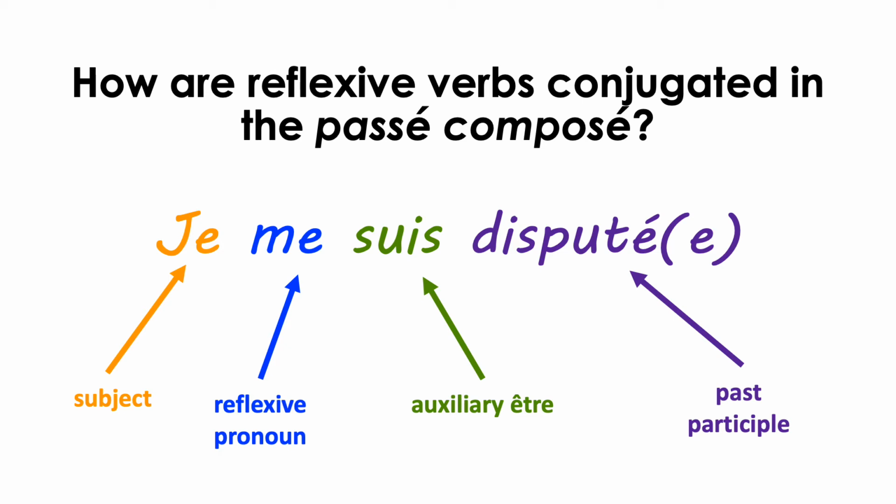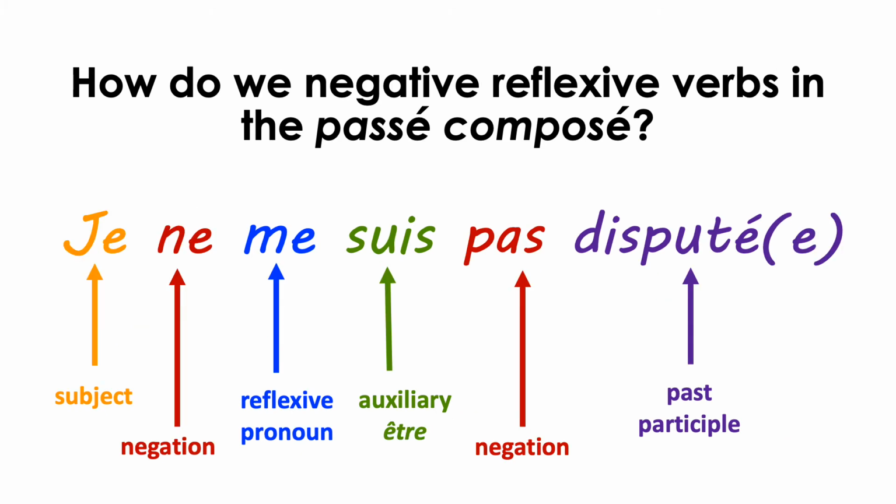Now, what if we want to negate things? Now, this can get a little bit tricky until you've got it really stuck in your head. The ne and pas are going to go around the reflexive pronoun and the auxiliary être.